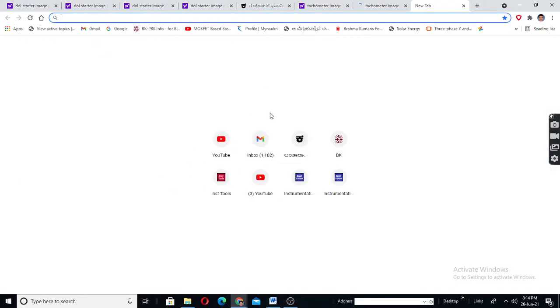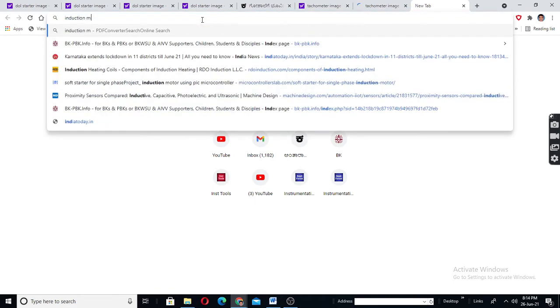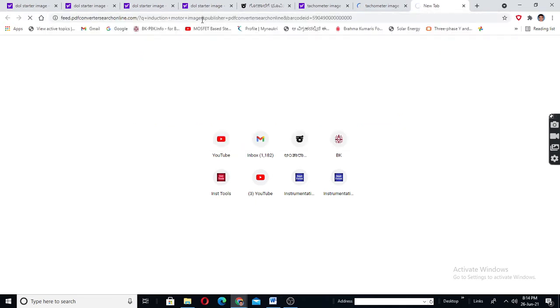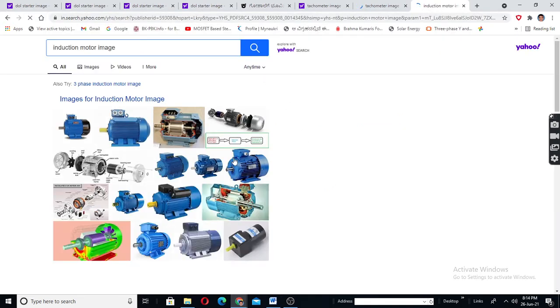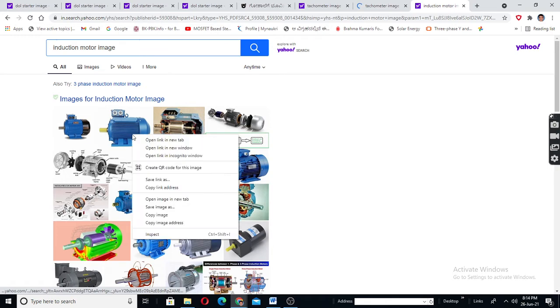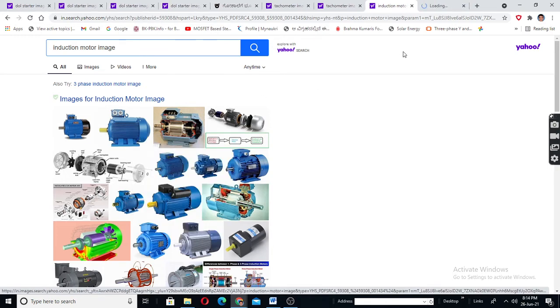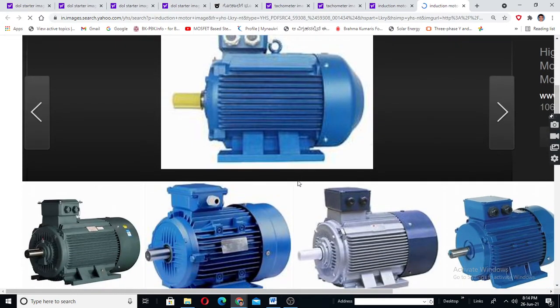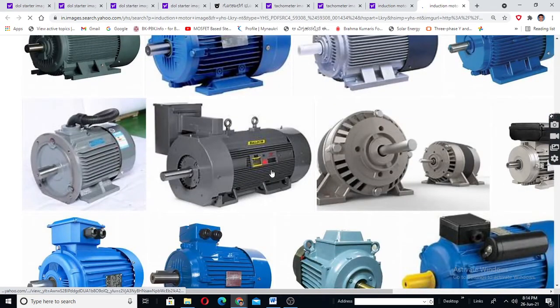Induction motor image. See, the motor is there here. One side you will have a projection, the other side is not shown here.